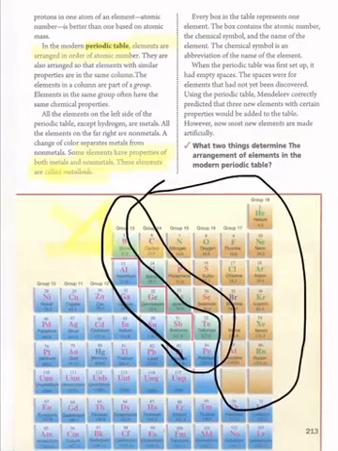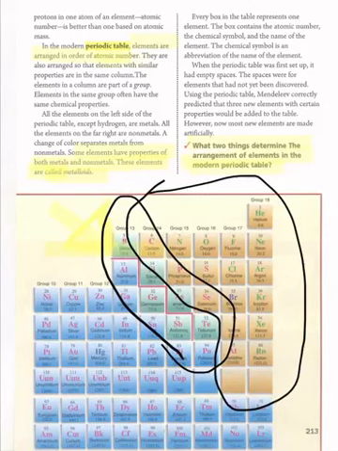Here we have a question. Our question is: what two things determine the arrangement of elements in the modern periodic table? You have to know that the elements in the periodic table are arranged by what?